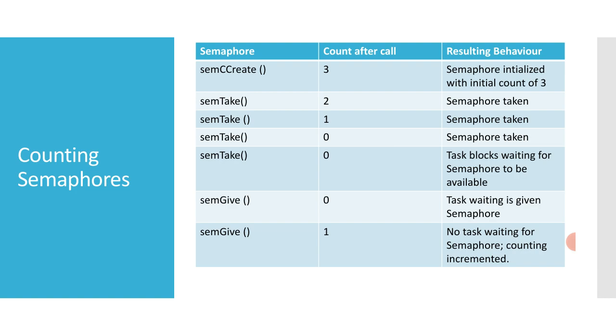So a semTake with no wait, which means do not wait at all, sets errno to S_objLib_OBJ_UNAVAILABLE. A semTake with a positive timeout value returns S_objLib_OBJ_TIMEOUT. The timeout value of wait forever, that is -1, means wait indefinitely.